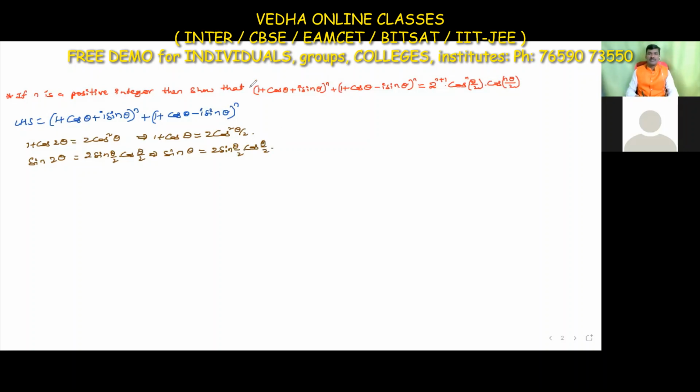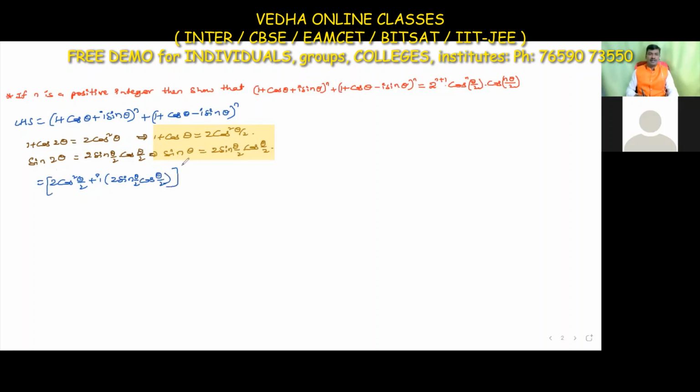Now applying these two formulas here. Then this is equal to 1 plus cos theta, which we write as 2 cos square theta by 2, plus i into sin theta replaced with 2 sin theta by 2 into cos theta by 2.